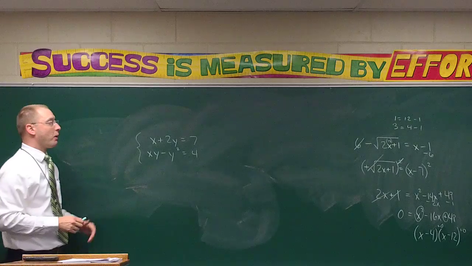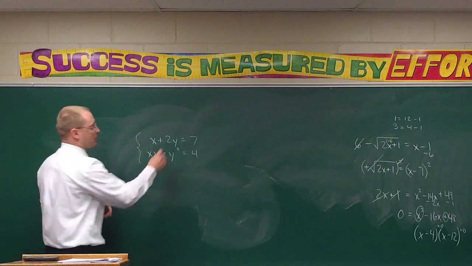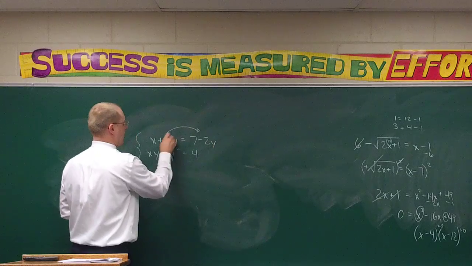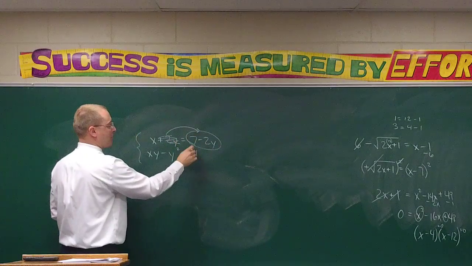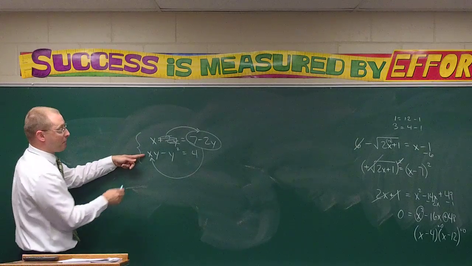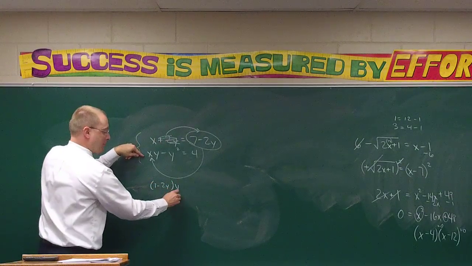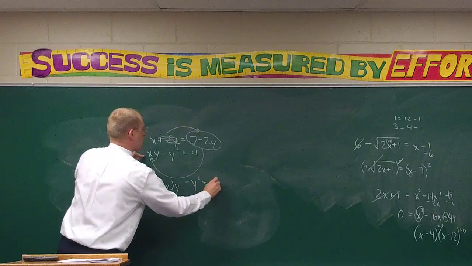Top is definitely easier. And we want to get a letter by itself. Which letter is easiest to get by itself? The x. Stay with me. So I'm going to ditch the 2y as a negative 2y. And then I can take the whole 7 minus 2y and just plop it right here where the x was, so that the bottom equation is 7 minus 2y times y minus y squared equals 4.